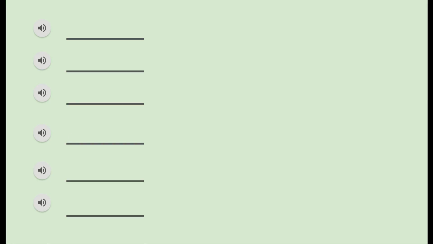Number 4, write the letter pair that makes the sound ch. Number 5, write the letters that make the sound sk. And the last sound, fl.